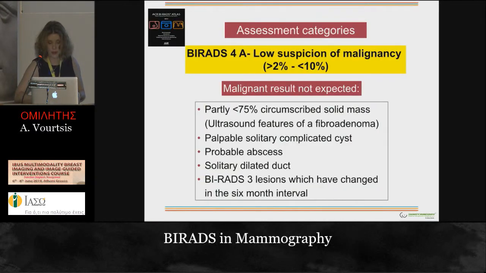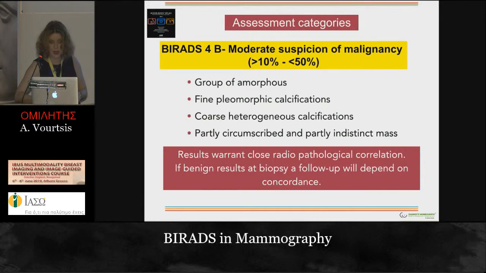BIRADS 4A is considered to be low suspicion of malignancy, less than 10%. Remember that you must be very careful when categorizing. Think about all the skills and the expertise you have, because it's important not to underestimate a lesion, and it's also important not to send a lot of patients to biopsy without reason.